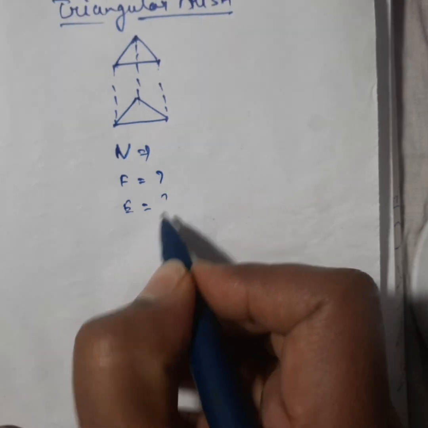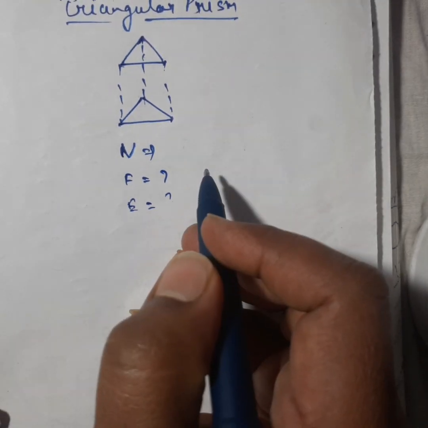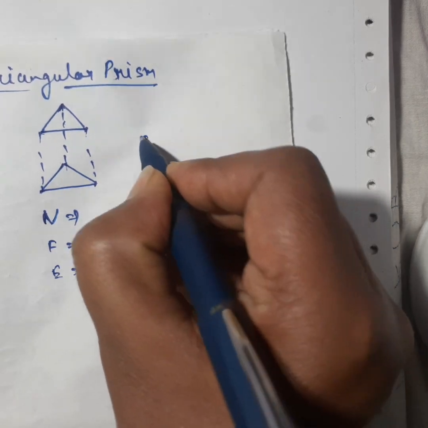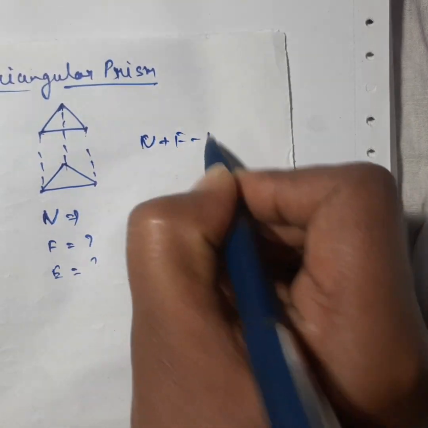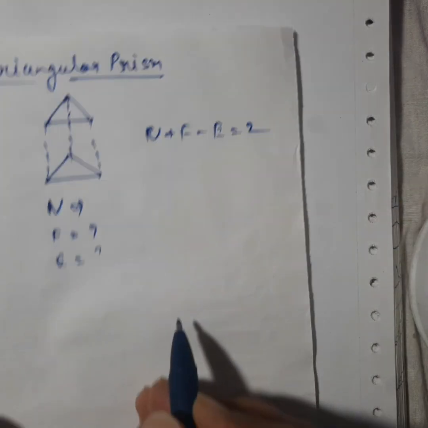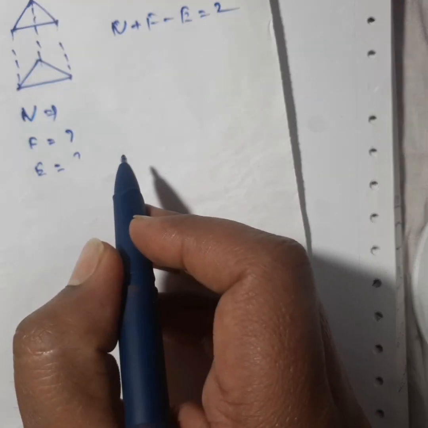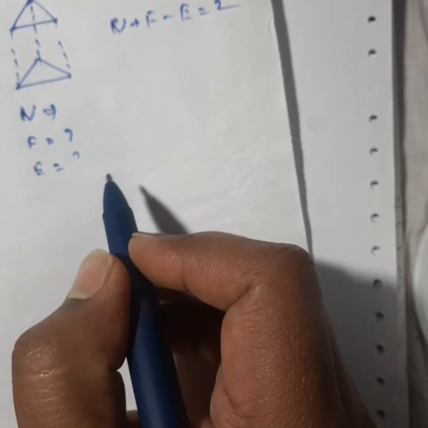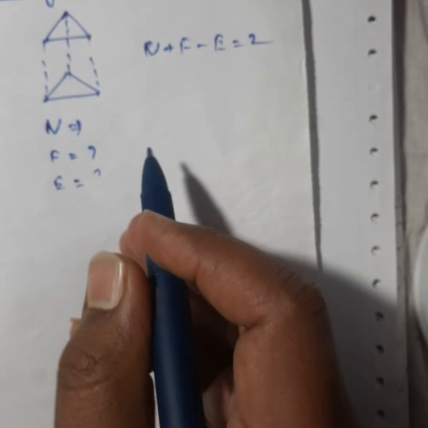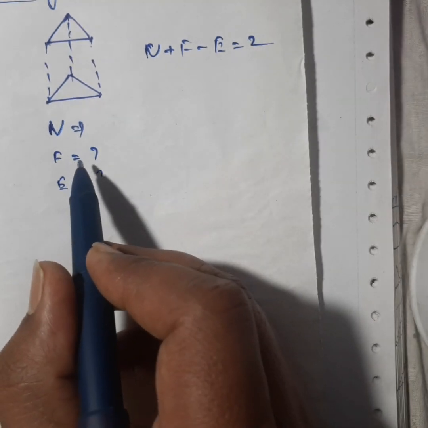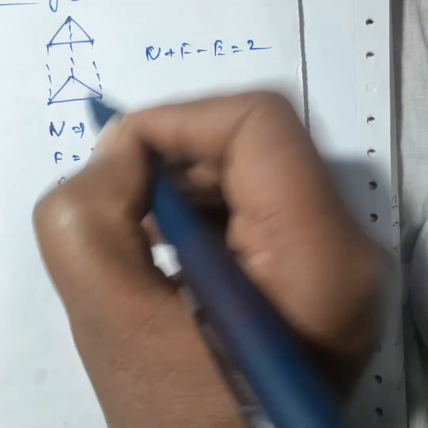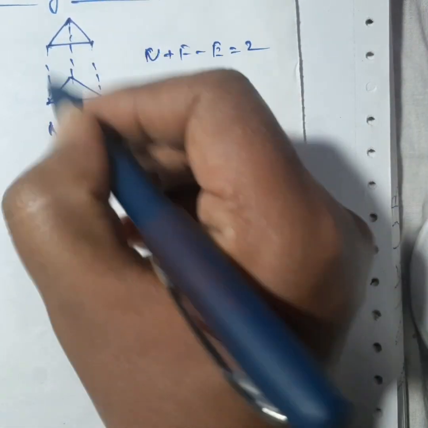If we have any two values, we can find out the third value using Euler's formula V plus F minus E is equal to 2. Now suppose we have the number of faces of this triangular prism. The faces are 1, 2, 3, 4, and this bigger one is 5.